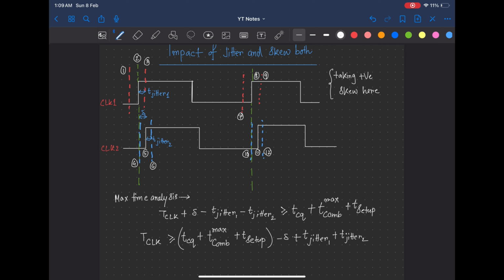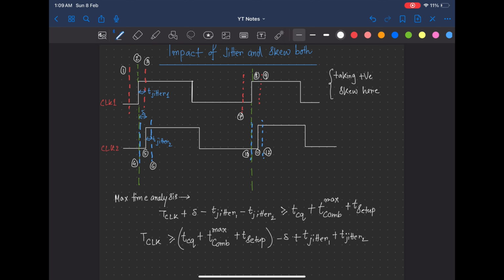Here are the two clock points, I think you understand them, clock 1 and clock 2, and both of the clocks are impacted by the jitter. And second, because of the positive skew, there is a right shift in the clock 2. So point number 3 and point number 7 are the worst case clock if the jitter happened, and point number 1 and point number 9 are the best case clock if the jitter happened, and points 2 and 8 are the actual clock in the clock 1 I am saying, and delta here is the skew value.